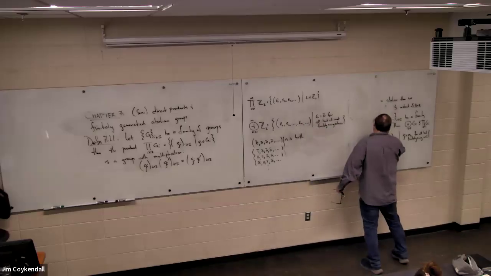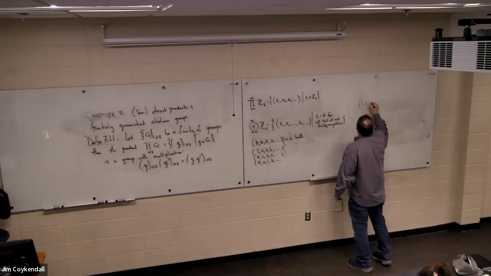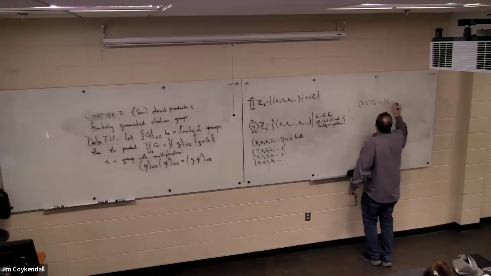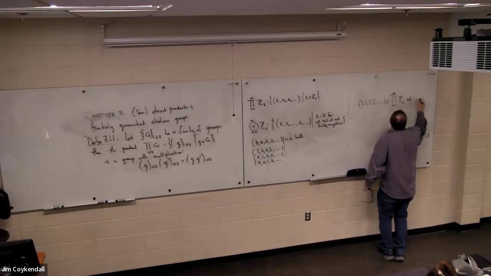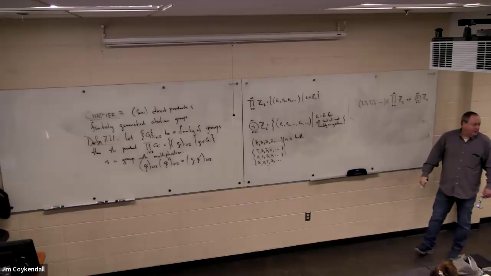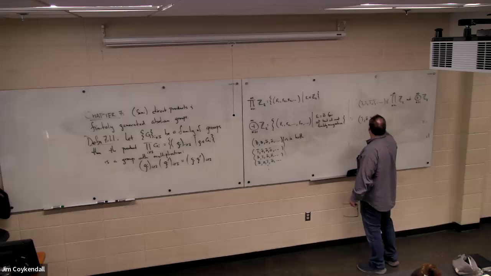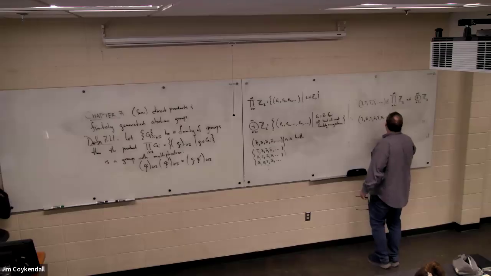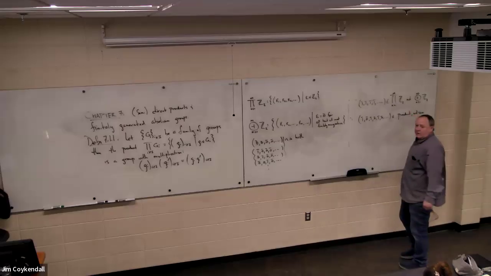However, if I look at 1 bar, 1 bar, 1 bar, 1 bar forever, this is in the direct product of Z2, not the direct sum. Anything in the direct sum of Z2 has to end in an infinite string of zeros, because after a while you've used up your finitely many and you have to end in an infinite string of zeros. Also, 1 bar, 0 bar, 1 bar, 0 bar, 1 bar, 0 bar, if this pattern is continued, is in the product, not the sum.